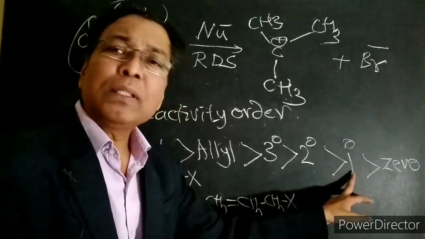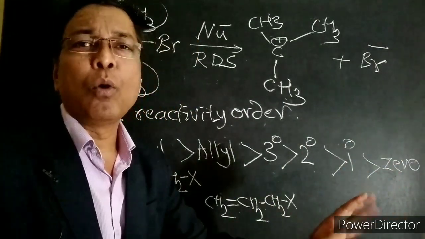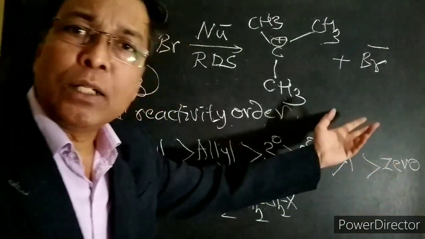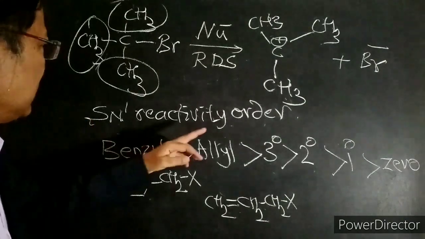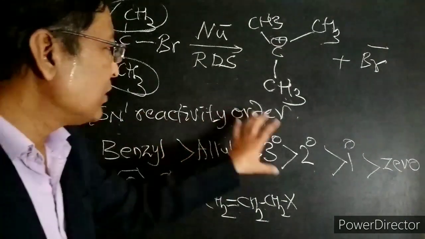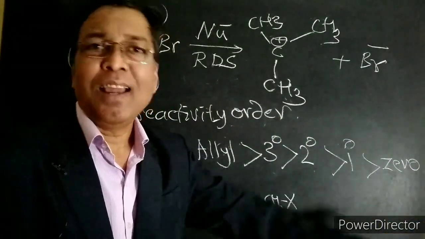The first degree and 0 degree alkyl halides do not undergo SN1 mechanism, they undergo SN2 reactions. So this is the SN1 reactivity order: benzyl, allyl, tertiary, secondary, primary and 0 degree alkyl halides.